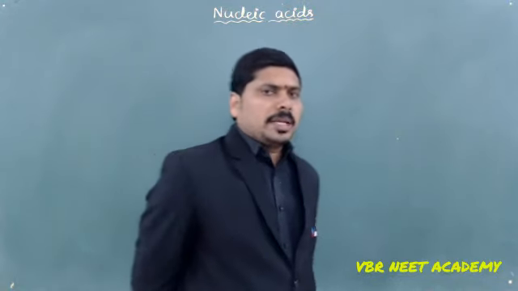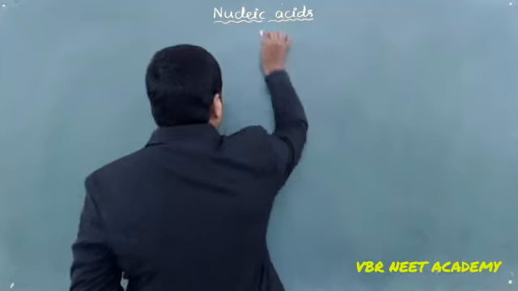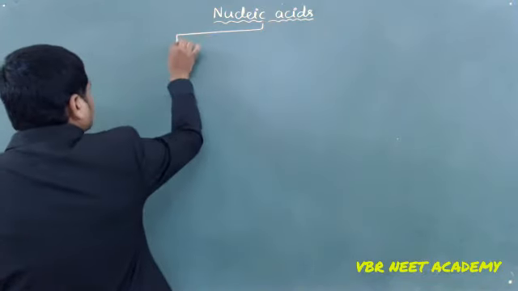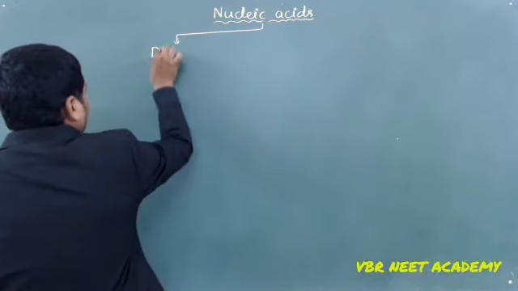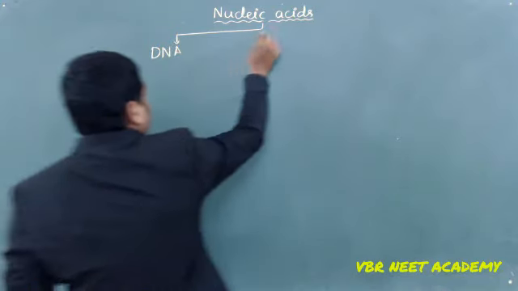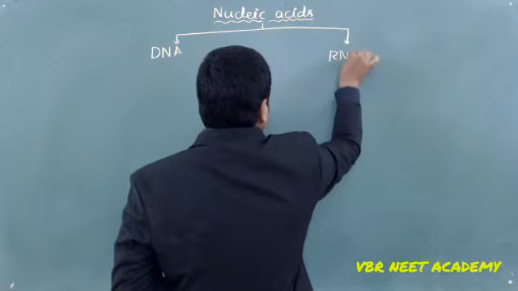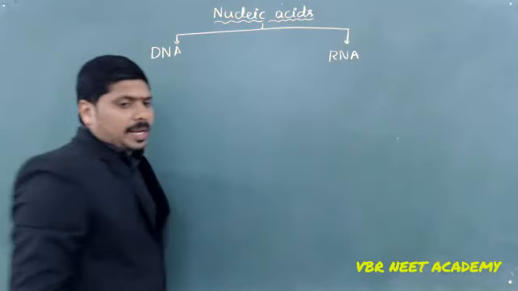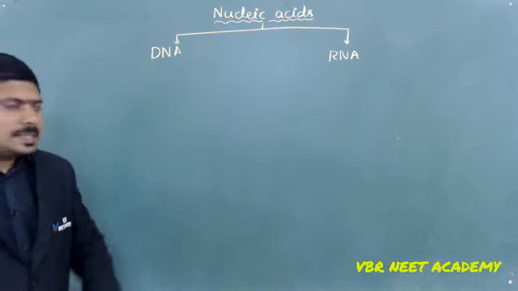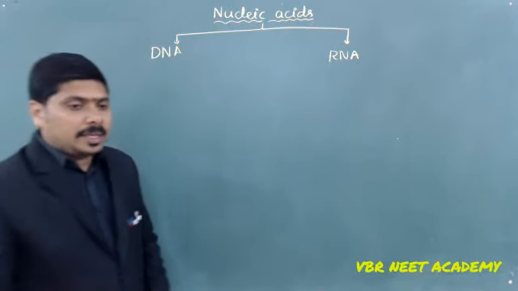So these nucleic acids are mainly divided into DNA and RNA. So what we are having? Two types of nucleic acids, DNA and RNA.